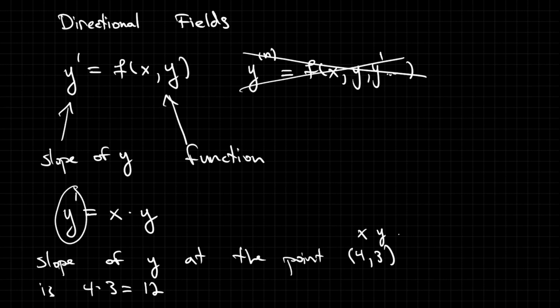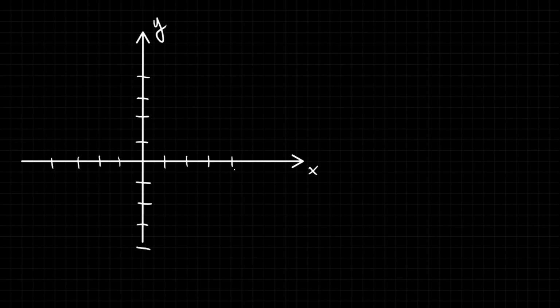So what you can do with this information is construct what we are calling a directional field. Essentially, you can take as many points as you'd like, and you can illustrate what the slope of the tangent line is going to be. So at 4, 3, if I put this on a graph, the slope is going to be 12, which is going to be pretty steep, right?